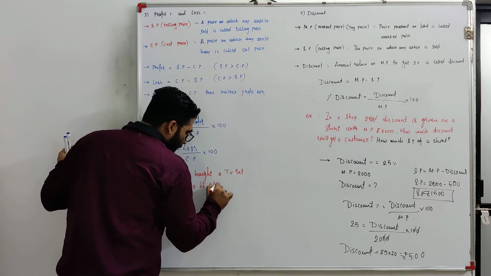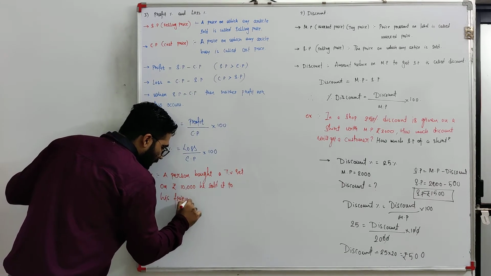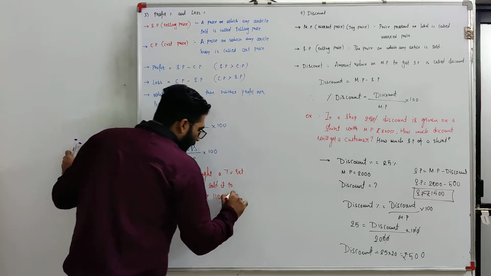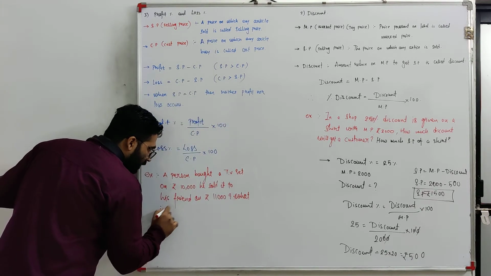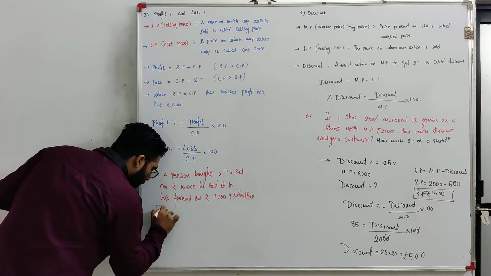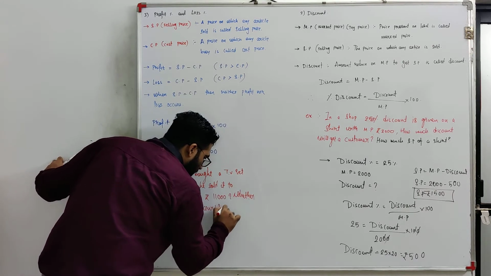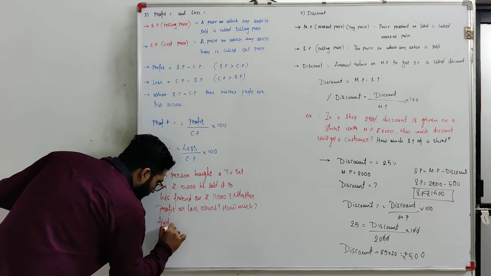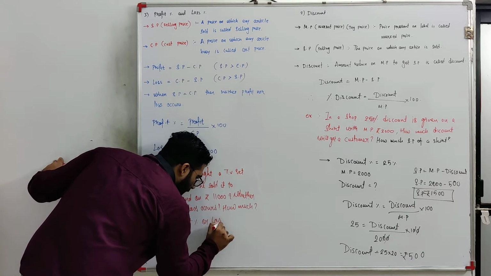He sold it to his friend for rupees 11,000. Find whether profit or loss occurs, and if it occurs, then how much, and then find the profit percent if profit occurs, or loss percent if loss occurs.